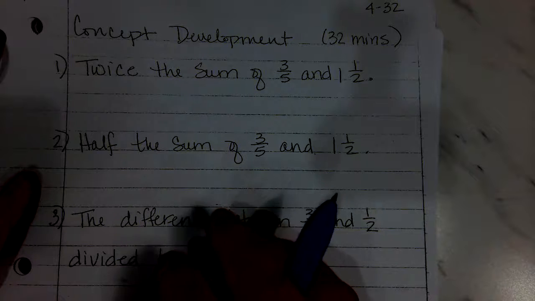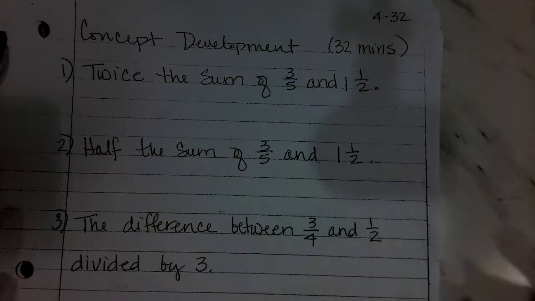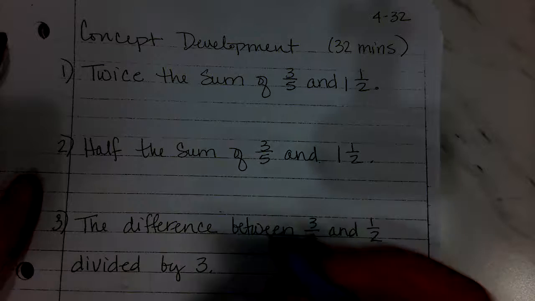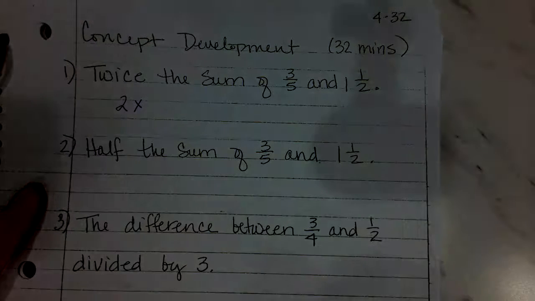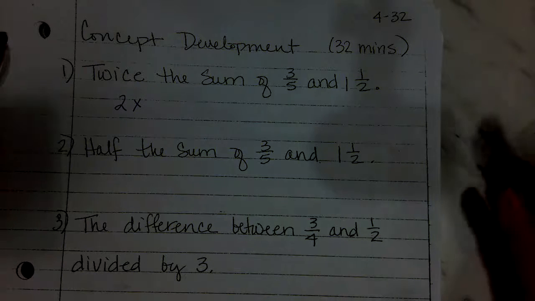So let's take a look at the first part of the expression. Now, how do we write twice numerically? That means with number symbols. So we say 2 times, right? All right, excellent. What is being multiplied by 2, though?